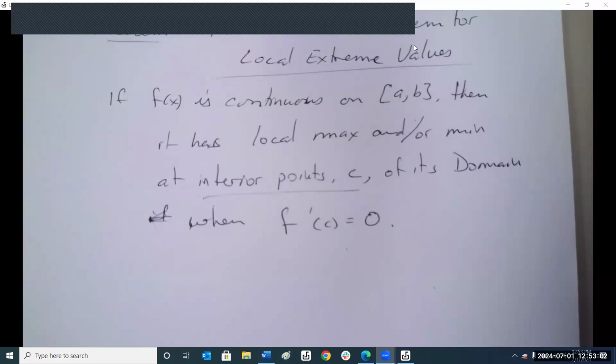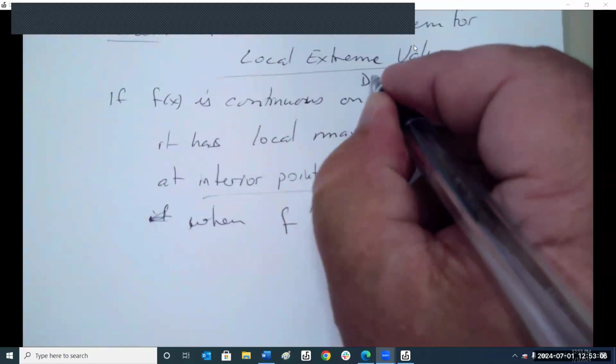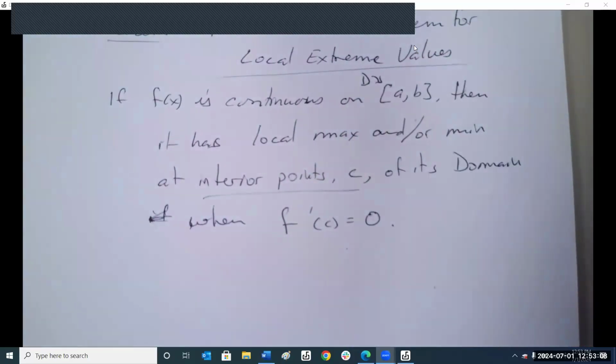If f of x is continuous on a closed interval, that's the domain, then it has a local max and min at interior points of that domain wherever f prime at those points equals 0. Let's see what that means.